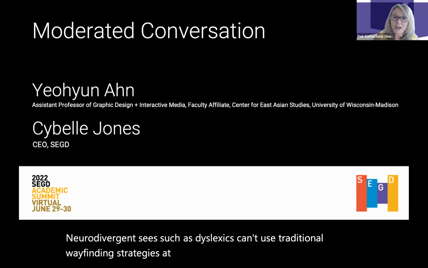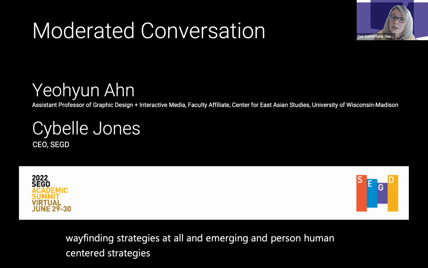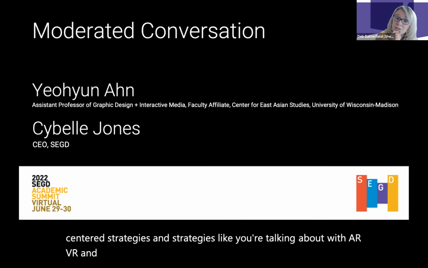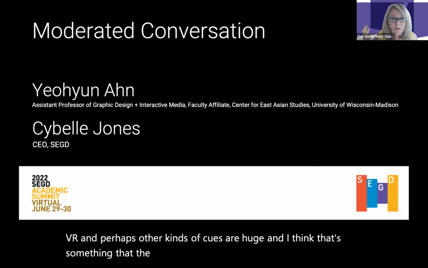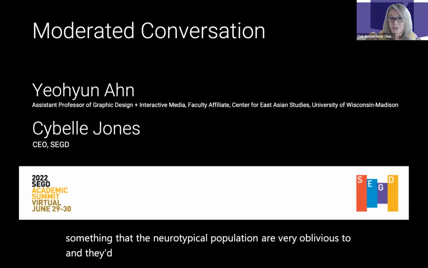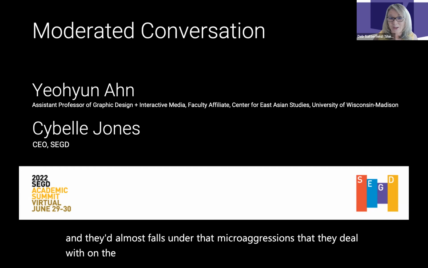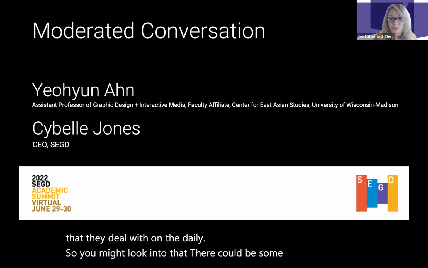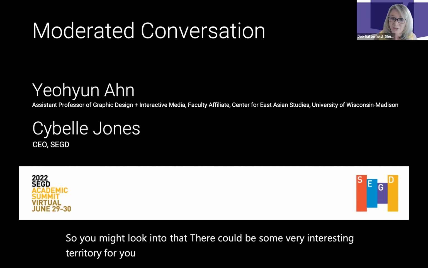And emerging and human-centered strategies like you're talking about with AR, VR, and perhaps other kinds of cues are huge. I think that's something that the neurotypical population is very oblivious to. It almost falls under the microaggressions that they deal with on a daily basis. So you might look into that. There could be some very interesting territory for you to research based on what you're doing already.